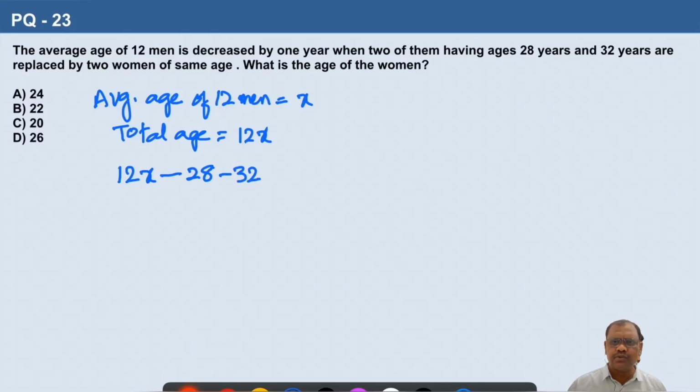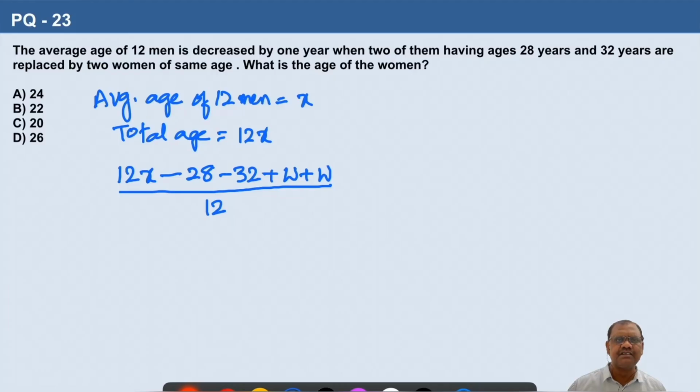And two women of the same age, let us assume W as the age of woman, they joined. Then the number will be same again, 12, because two men left and two women joined. So this is a new average, which is less than the previous average.